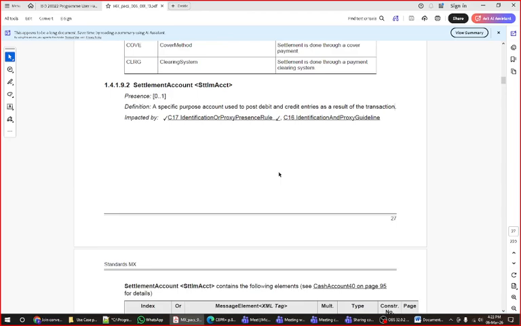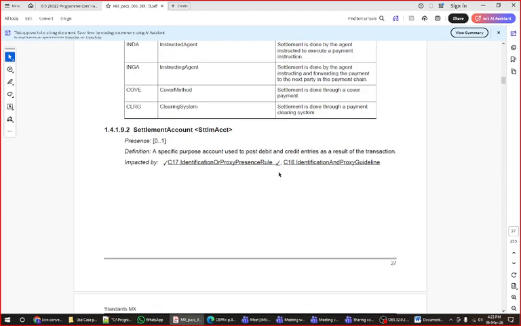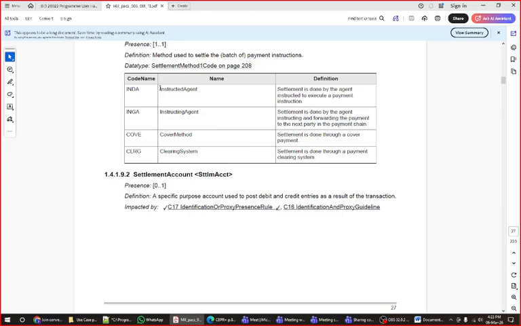This is related to your previous one. If you are putting INDA, instructed agent, then you are going to put the debit or credit entry of this instructed agent, or INGA, instructing agent, then the sender's. It depends on which you are saying. These are the four settlement methods we discussed in the earlier discussion.